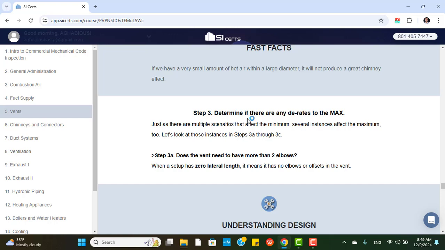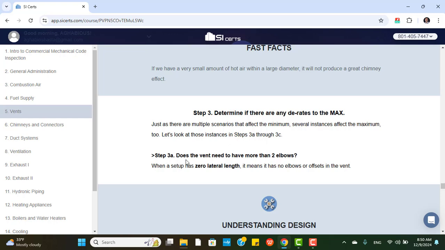Step number 3, determine if there are any derates to the maximum. Just as there are multiple scenarios that affect the minimum, several instances affect the maximum too. Let's look at these instances in steps 3A through 3C.